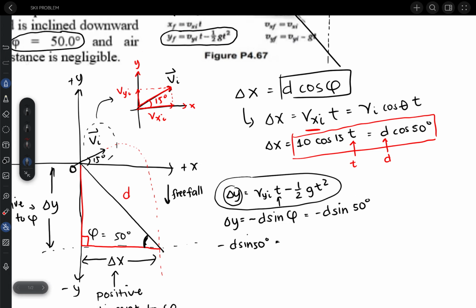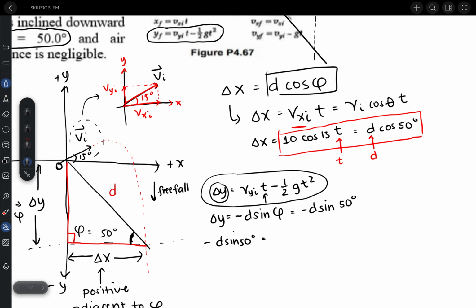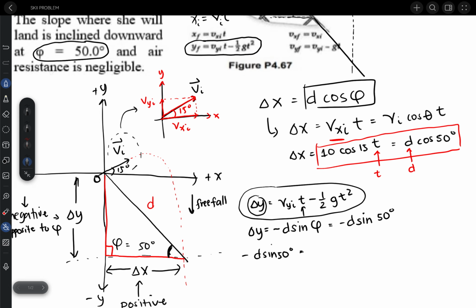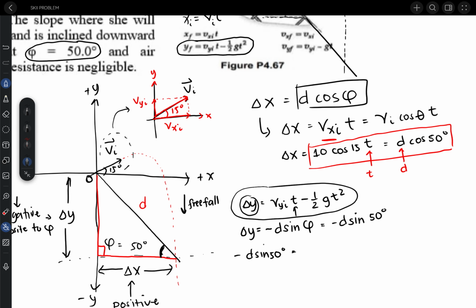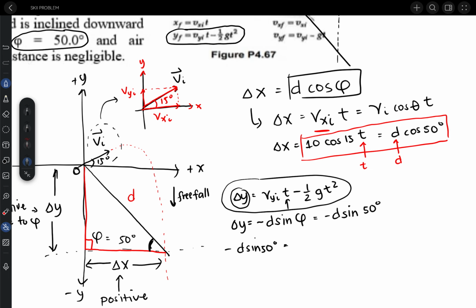And substituting that to our equation above, we'll have negative d sine of 50 degrees is equal to, so for the vyi part, we already know that the x component of our initial velocity, vxi, is equal to vi cosine theta. So vxi is equal to the magnitude of vi times cosine of theta.